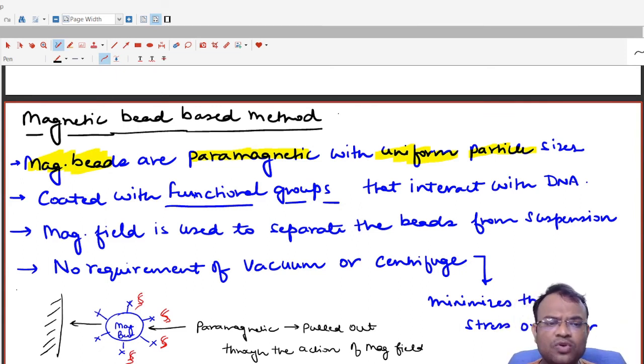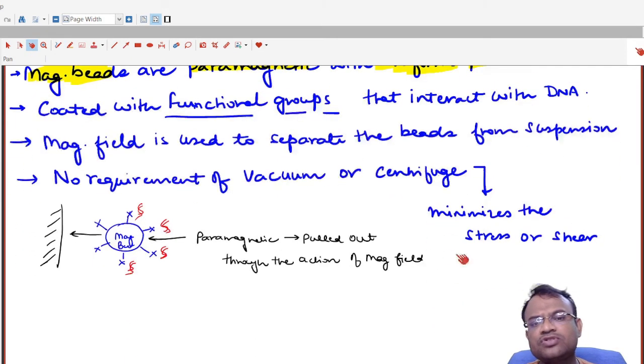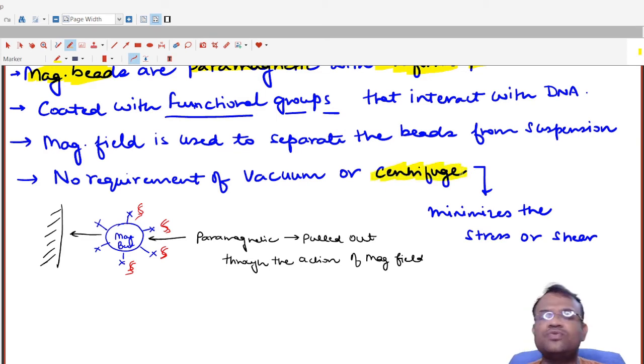So over here, as you saw, there was no requirement of the centrifuge or vacuum. In the previous examples I showed you that centrifuge was required a lot. Now you should understand that centrifuge creates a lot of stress or shear on the material that you are targeting for absorption or isolation.